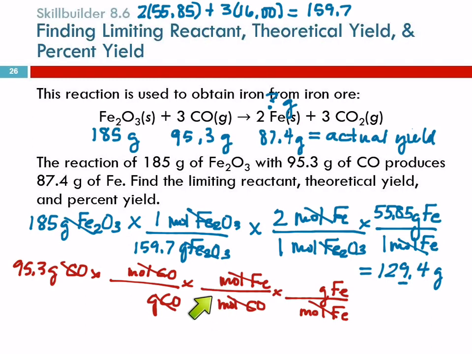I like the middle one first: 2 irons and 3 COs. The last one's easy too, 55.85. It's the same as the one above it. Then I need carbon monoxide, which is the molar mass of carbon. There's 1 of those, and there's 1 oxygen, and so that ends up being 28.01 grams.